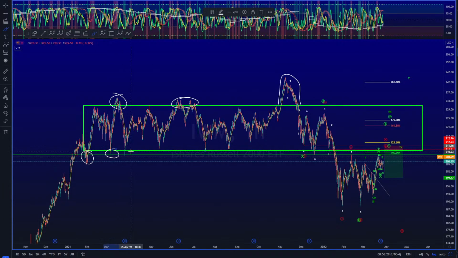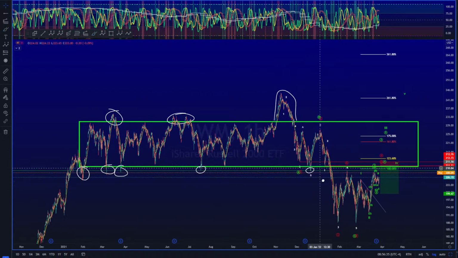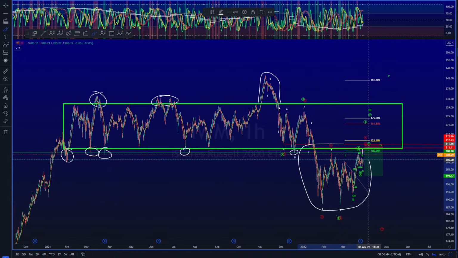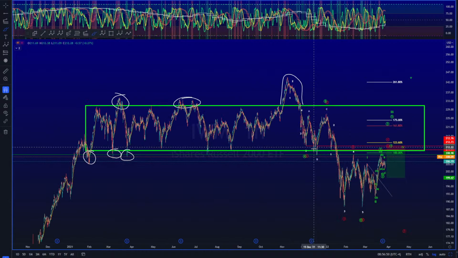Liquidity pool here and here, here and here, also here, and now we've got this huge liquidity pool that we have been experiencing here to the downside ever since we broke down in early January, mid-January.